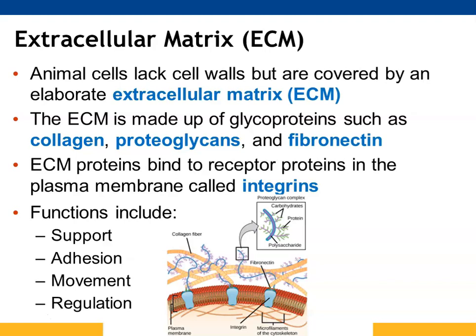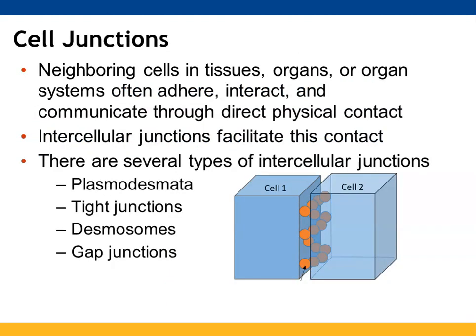So when you have connections between that matrix right outside of the cell and the cell membrane, it's those proteins that help to connect the two together. The matrix is able to help with support, regulating, movement, and adhesion, sticking to one another.